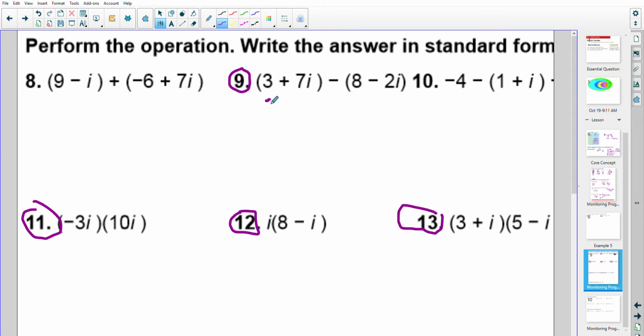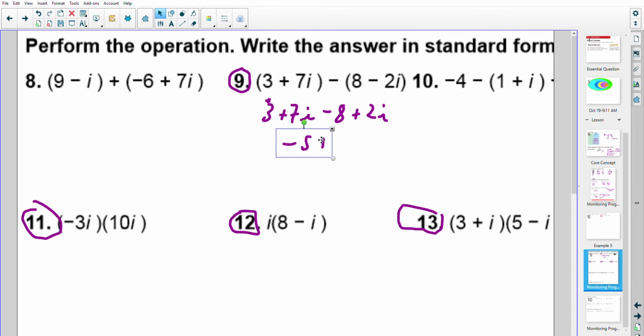Again, my recommendation is to go ahead and write this out by distributing the negative sign first and then combine the like terms. Now, once you do that, you have it in standard form because the form is a plus bi. And so the real part is first and the imaginary part is second.